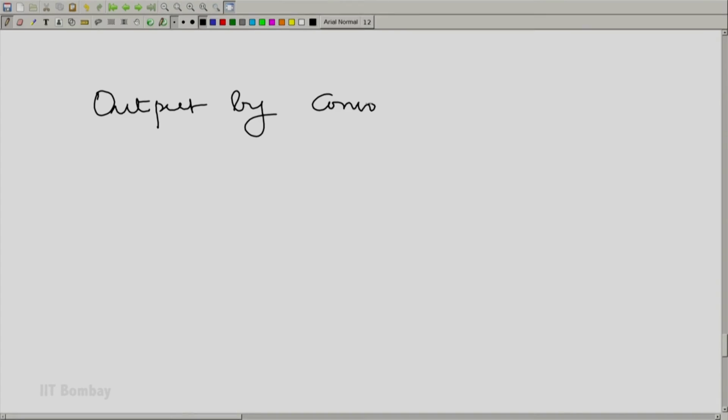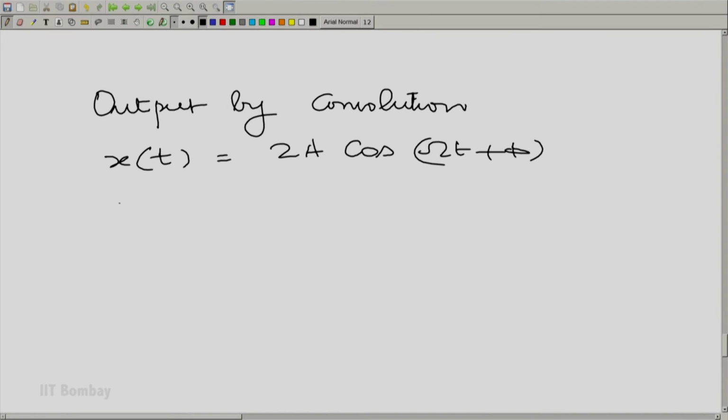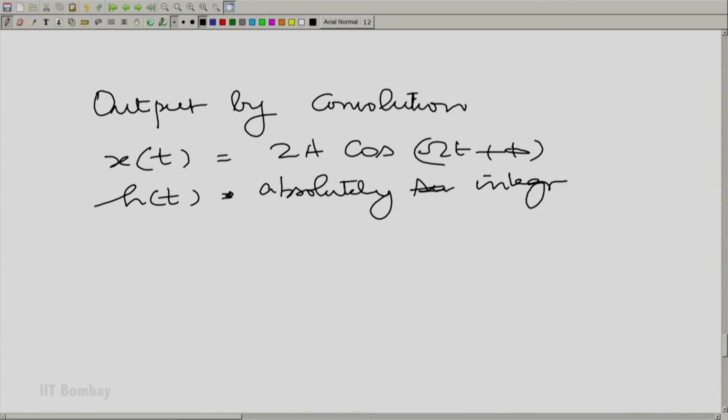Now, by itself, of course, I know that I could use the convolution integral. Let me write down that convolution integral. So, output by convolution, the input x(t) is 2A cos(omega t + phi). The impulse response is h(t). Of course, h(t) is absolutely integrable, to be more precise. Let us find the output.